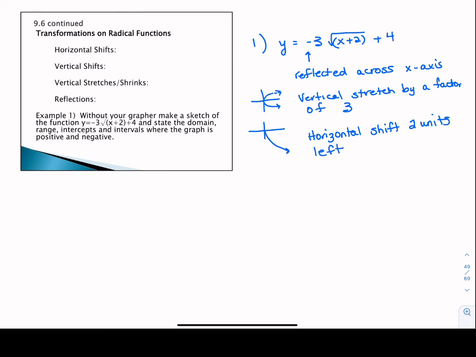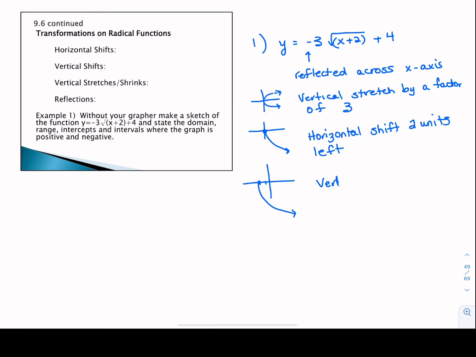So if I were to take the easiest point for me to manipulate, which is sitting at 0, 0 initially, and I move that 2 units to the left, that point is now here. So if I recreate this sketch, we've now shifted to the left a little bit, but the shape of the graph has been maintained.